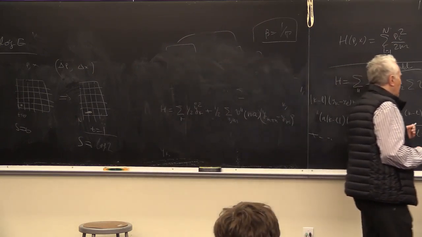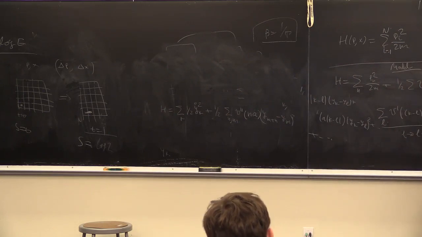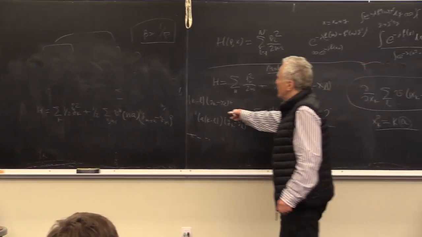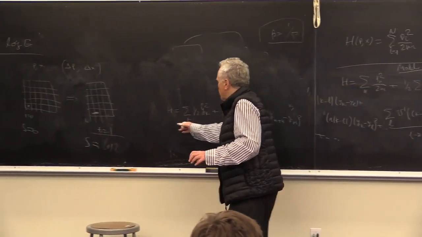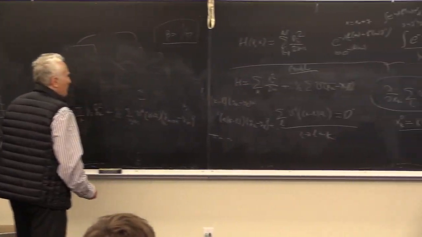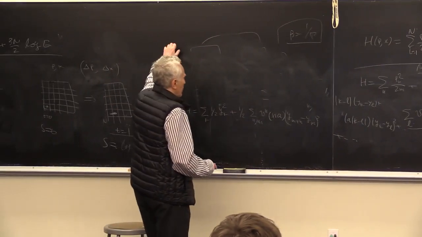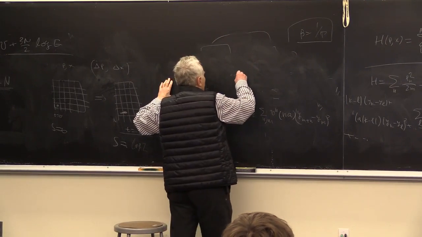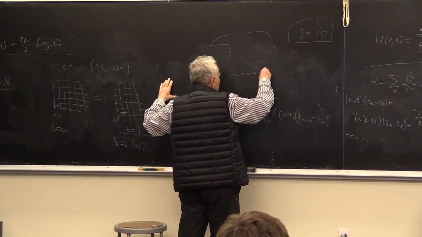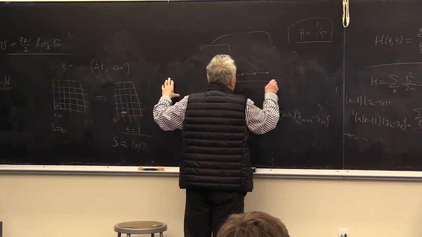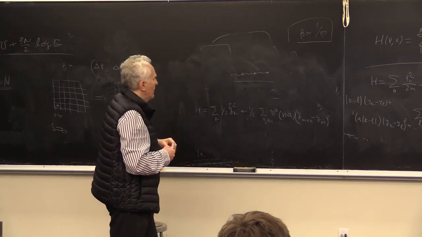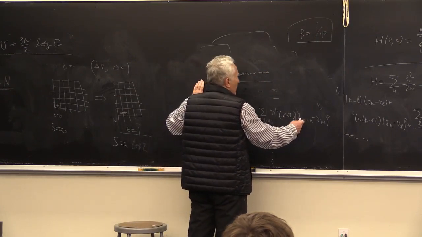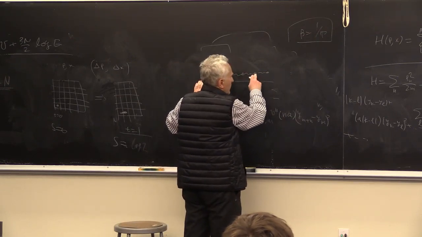I obtained it by expanding, a quadratic expansion near the equilibrium, so we have oscillators like that, related by this. But there is also interaction between this and this, and so on.